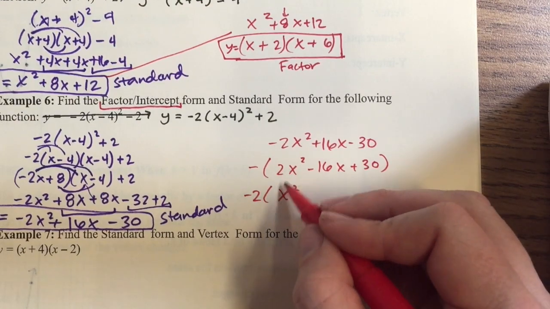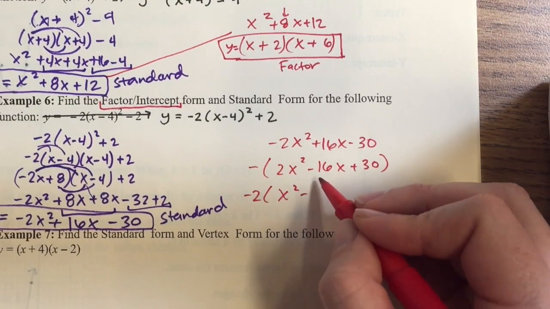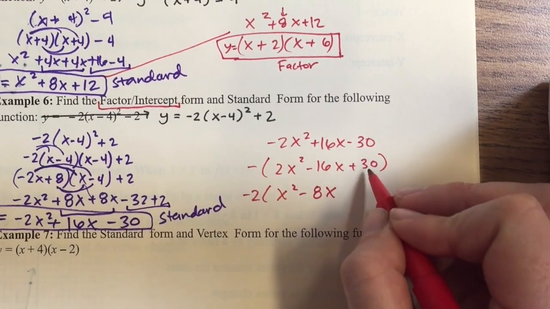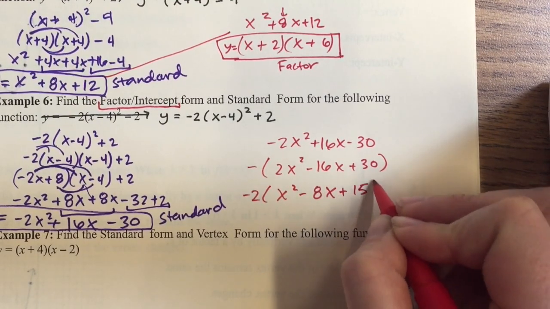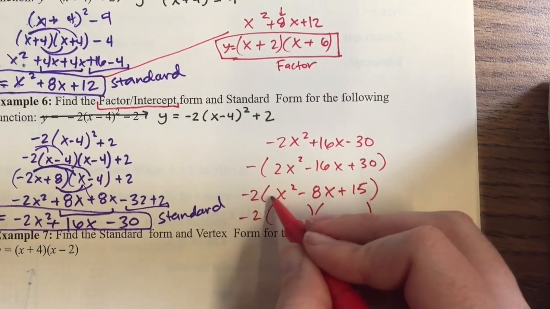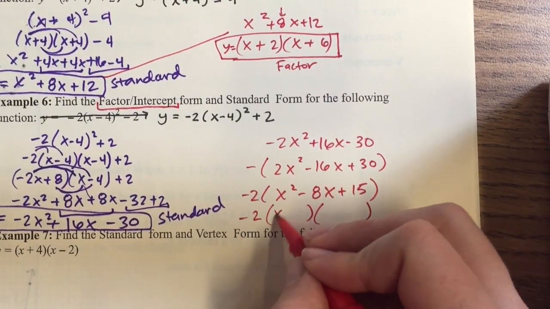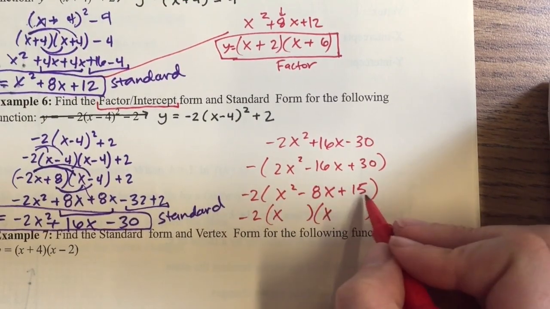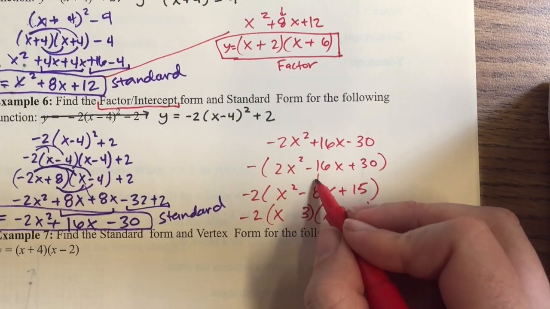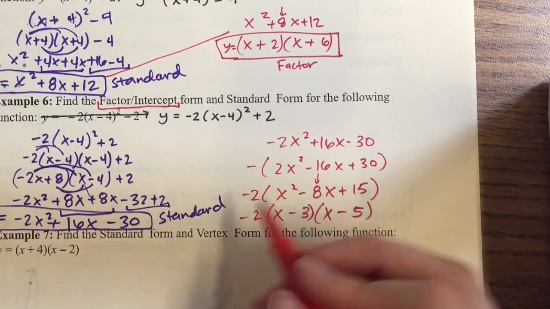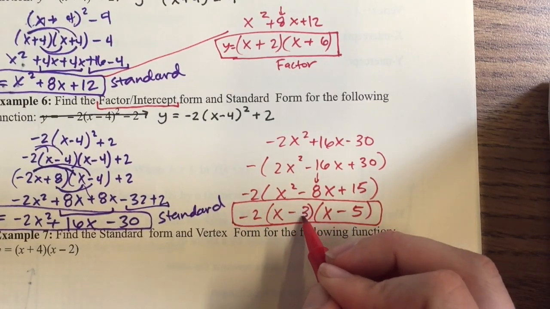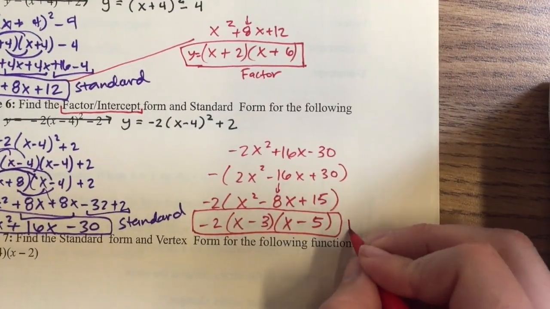If I divide by 2, that goes away, becomes a 1. 16 divided by 2 is 8x. 30 divided by 2 is 15. Now that that number is gone and it's just a 1, x times x is x squared. 3 times 5 is 15. And to get a -8, they both need to be negatives. And that is factored.